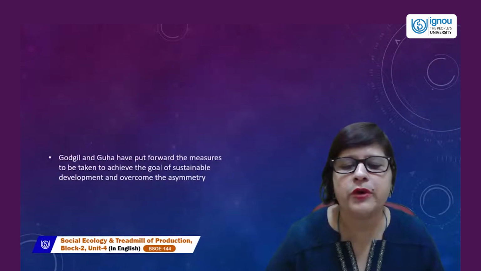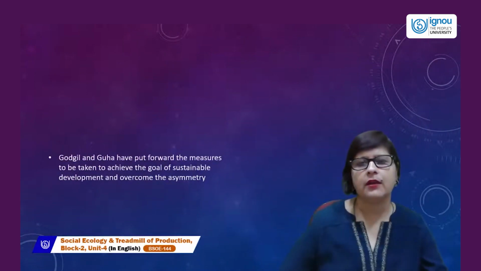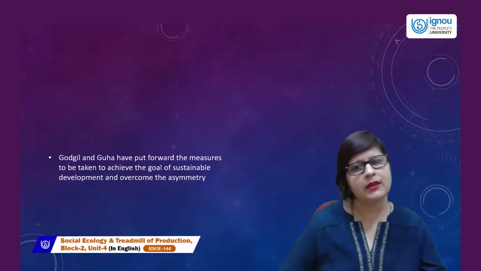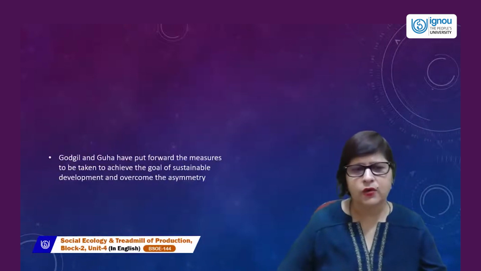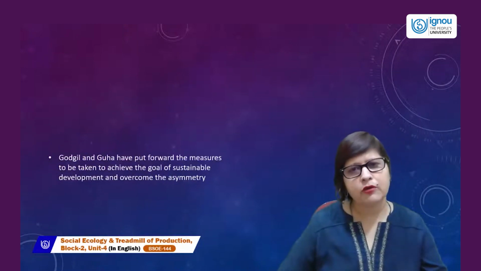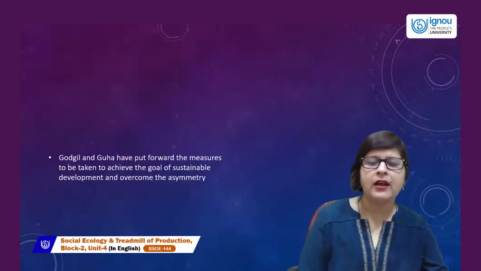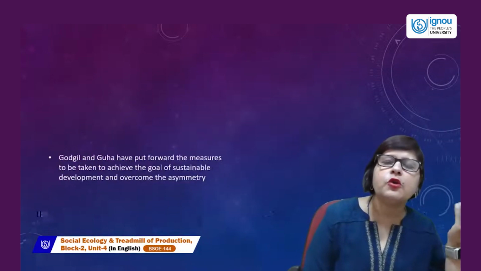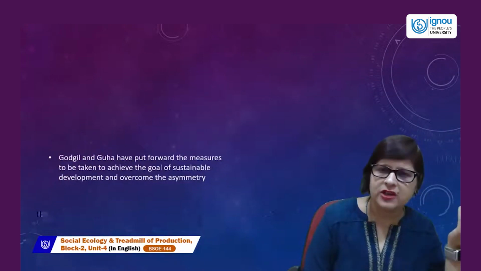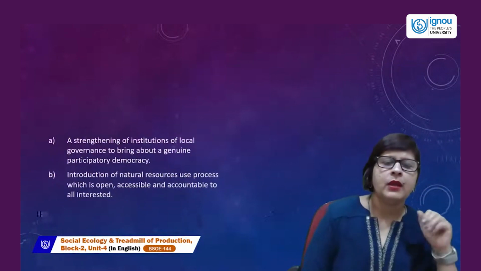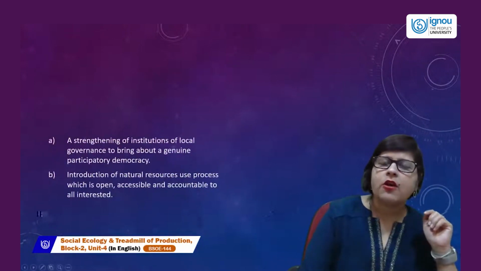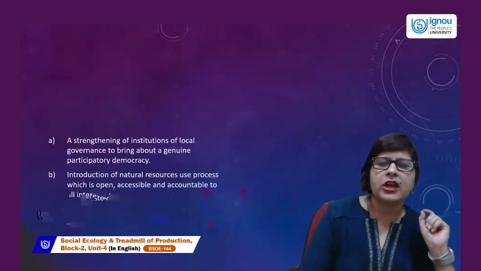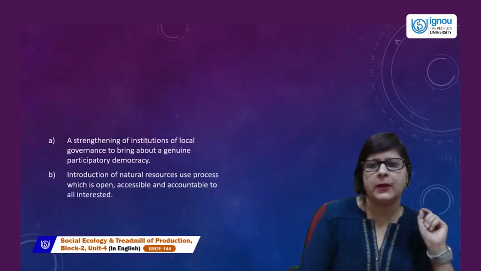Gadgil and Guha have put forward the measures to be taken to achieve the goal of sustainable development and overcome the asymmetry. They suggested how you can achieve sustainable development and how one can overcome this asymmetrical growth between the two groups, the marginalized group and the privileged group. The first is the strengthening of the institutions of local governance to bring about genuine participatory democracy.